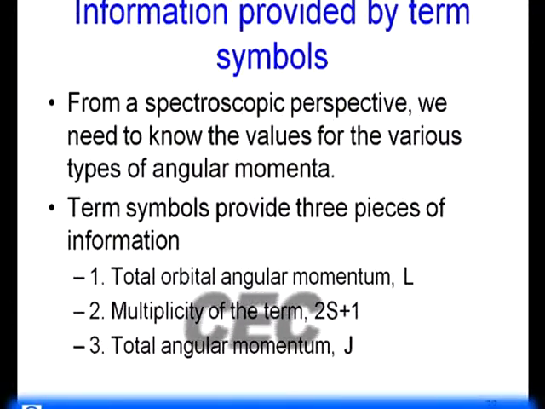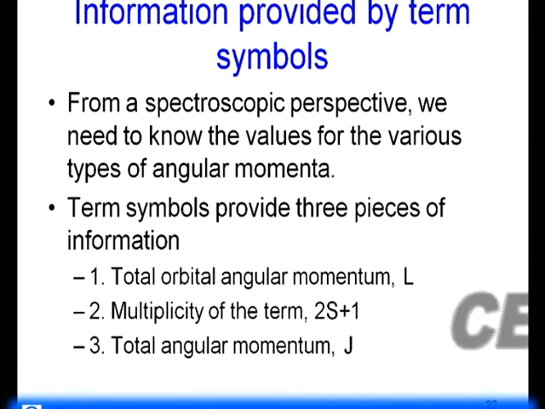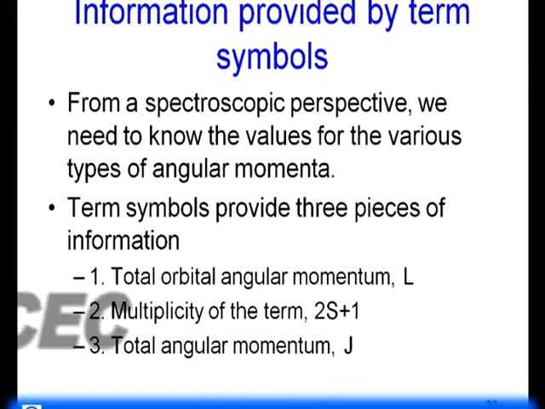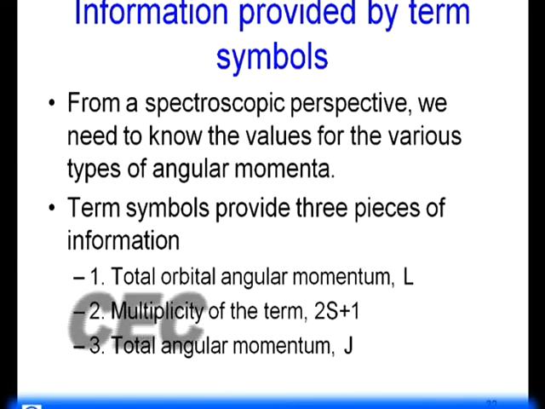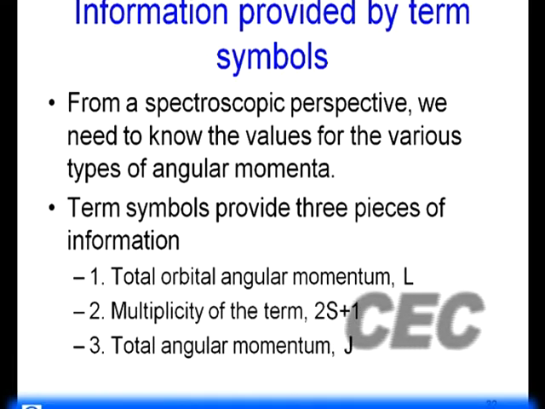Now, first we will talk about what is the information. Why are we taking the trouble to write down the term symbols? One is of course convenience. You should not be writing down the whole electron configuration for sodium, potassium and so on. It is sufficient to know how many unpaired electrons are there in which orbital. We only need to know the values of the L quantum number, the S quantum number and the J quantum number, because later on we will show that spectroscopy depends only on these quantum numbers.